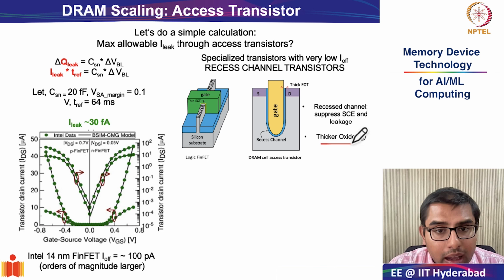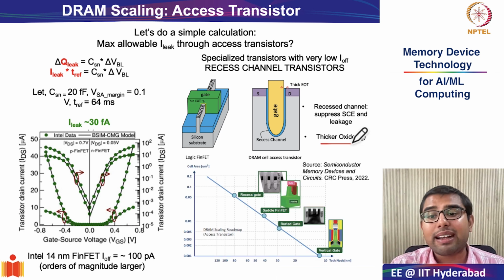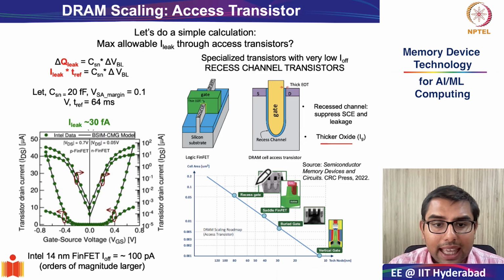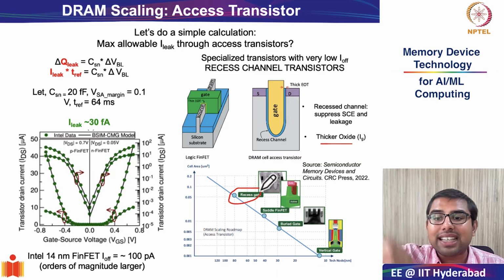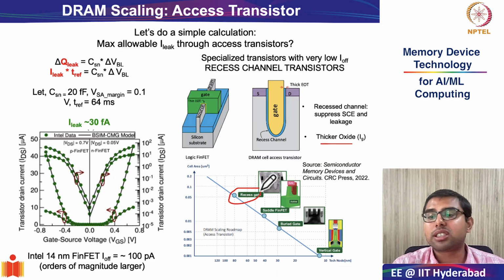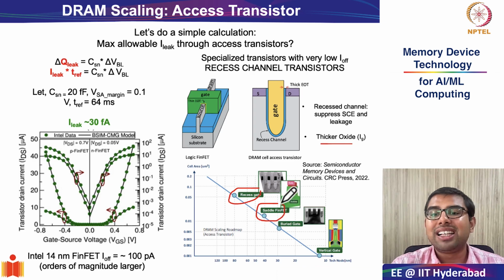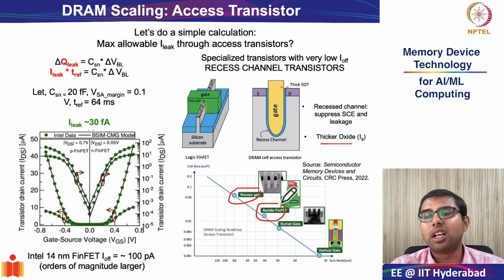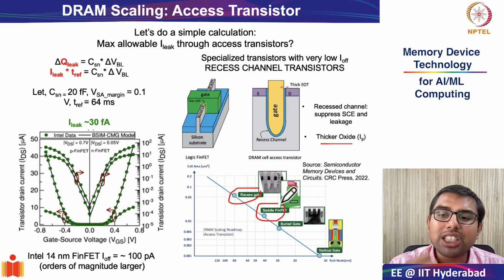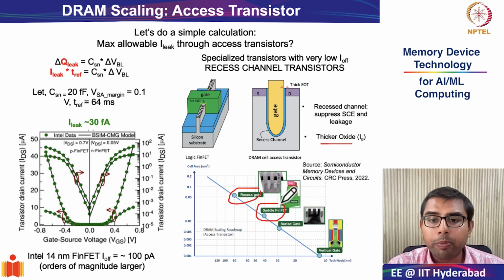There have been several advancements in the recess channel access transistor. In the 90 nanometer node, as we just discussed, the U-shaped recess helps in suppressing the off-state leakage. In the 45 nanometer technology node, you started using the saddle FinFET structure, which gives you much better immunity to short channel effects and therefore lower leakage current.